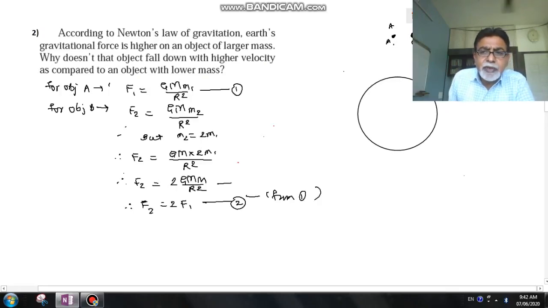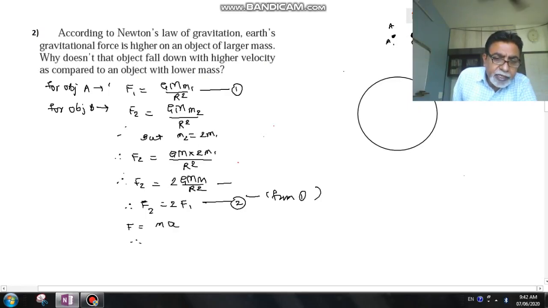Then why doesn't it fall faster? Let's calculate the expression of acceleration for both of them. F is equal to ma, we know that, and therefore a is equal to F upon m. Therefore for the first object, a1 is equal to F1 upon m1. This is number 3.